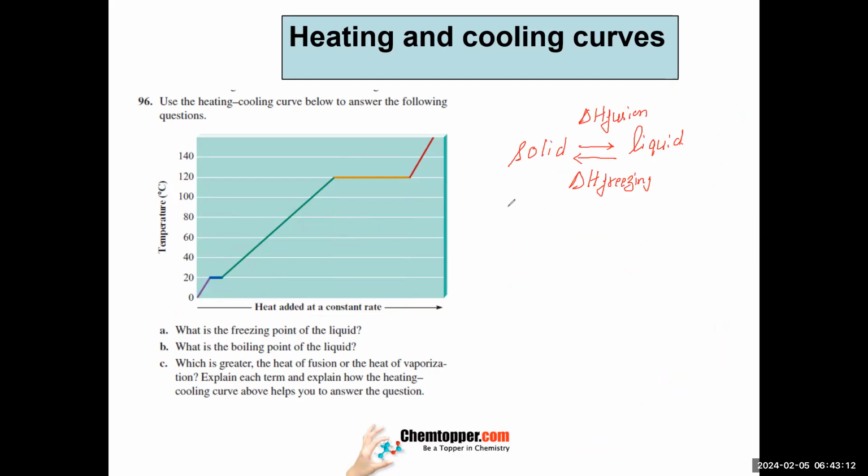For a substance, delta H of fusion, which is endothermic, positive, is always equal to delta H of freezing in magnitude. Only thing, one is endothermic, other is exothermic. Fusion is endo, you are breaking attraction, solid to liquid. Freezing is exo, attractions are made.